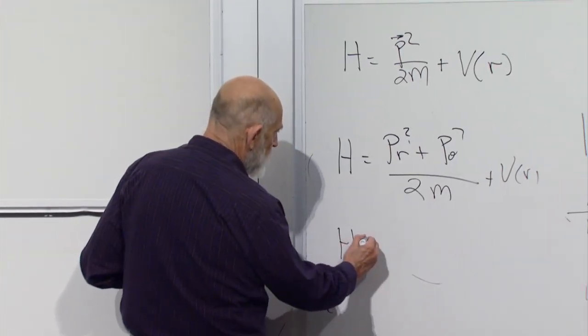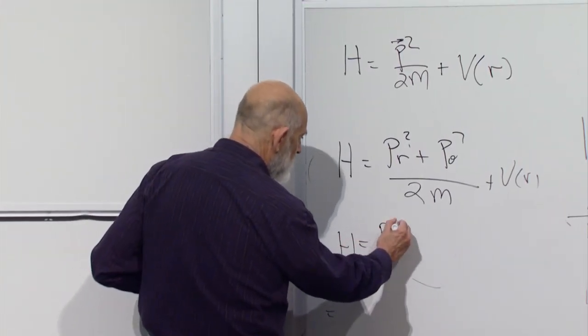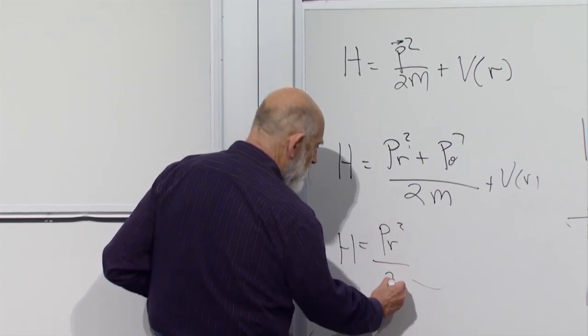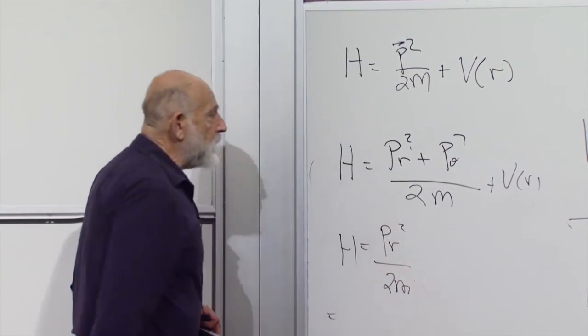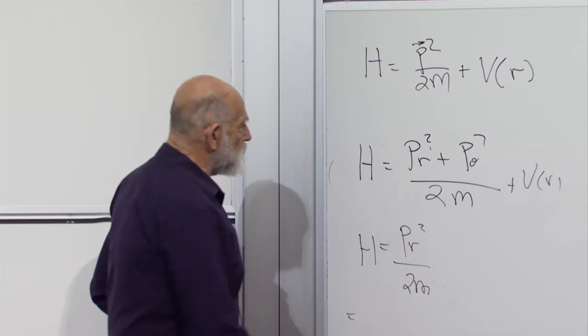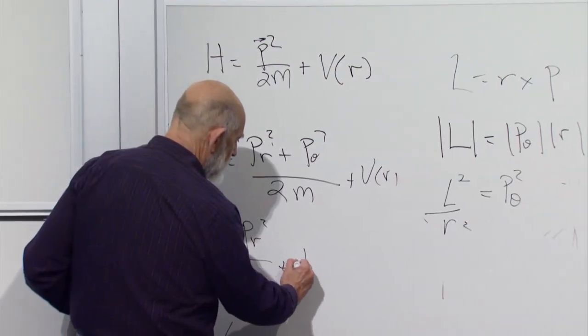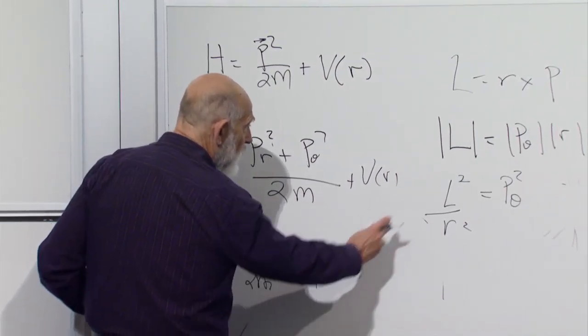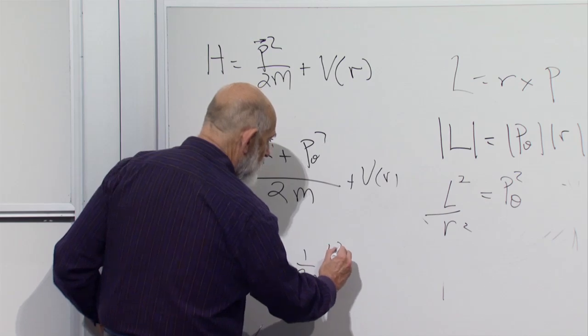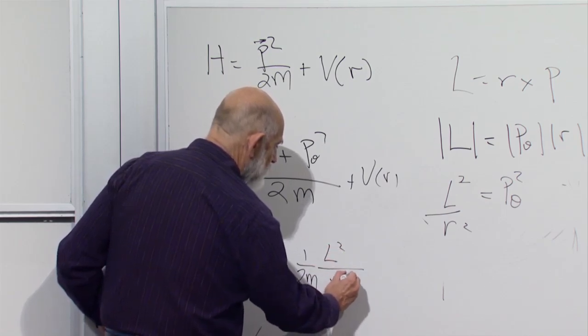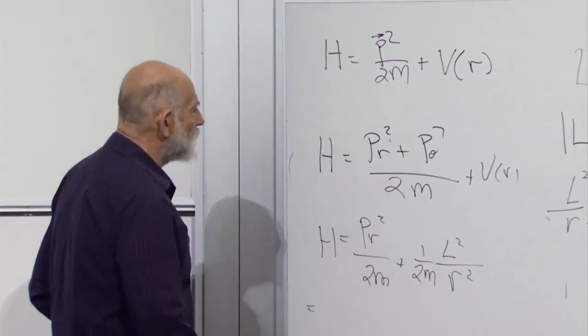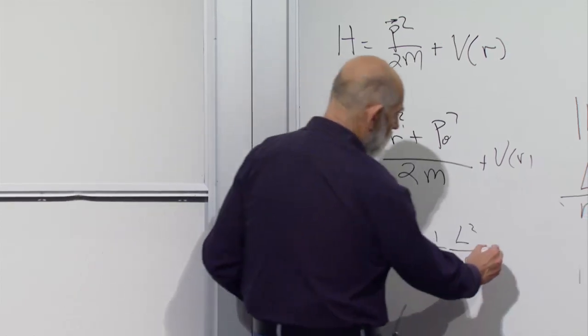H is p r squared over 2m. But what about p theta squared? p theta squared is L squared divided by r squared, plus V of r.